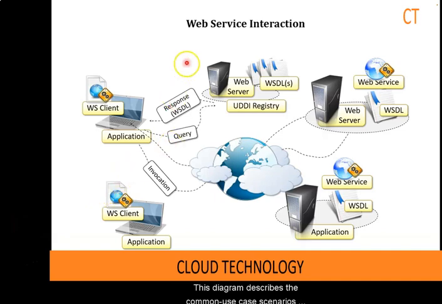This diagram describes the common use case scenarios for web services. System architects develop a web service with their technology of choice and deploy it in compatible web or application servers. The service description document, expressed by means of Web Service Description Language (WSDL), can be either uploaded to a global registry or attached as metadata to the service itself.